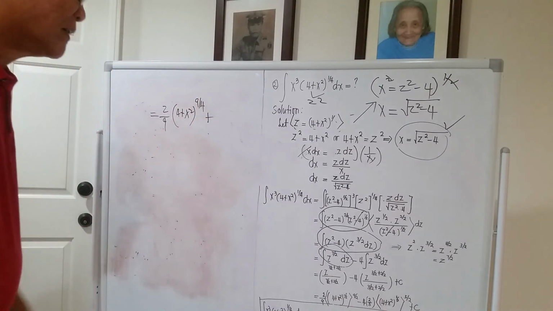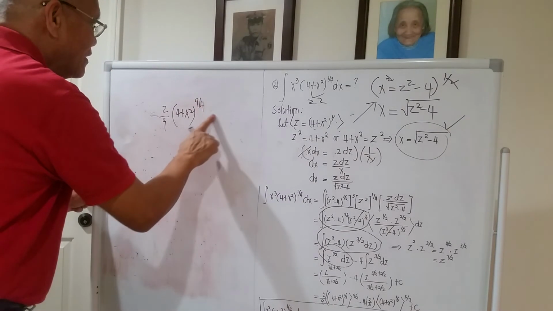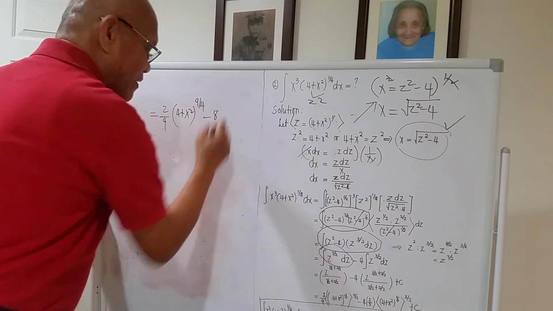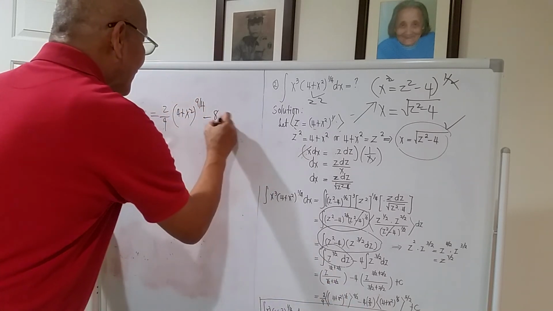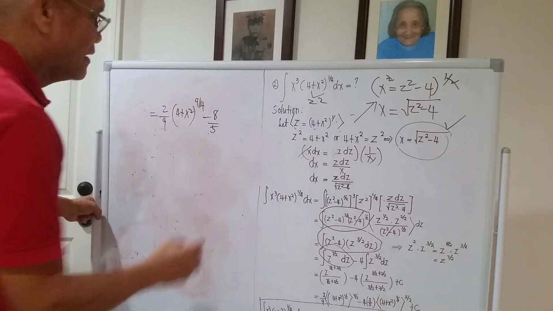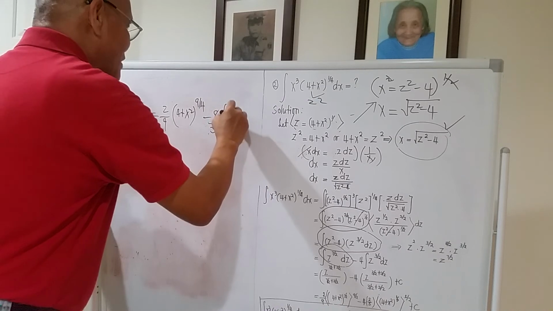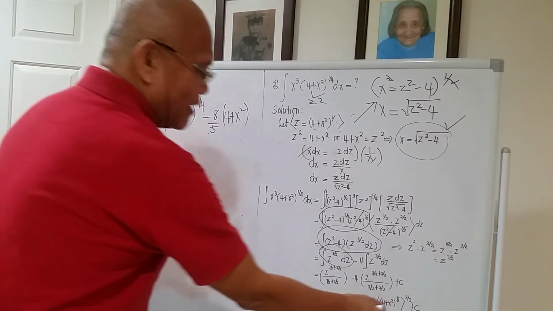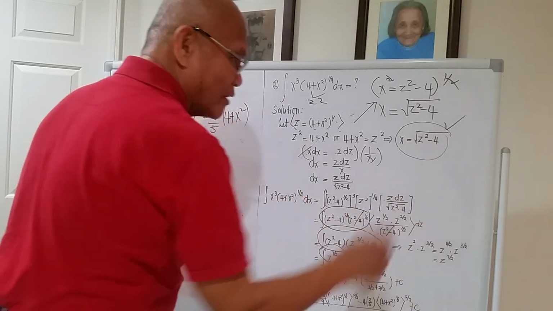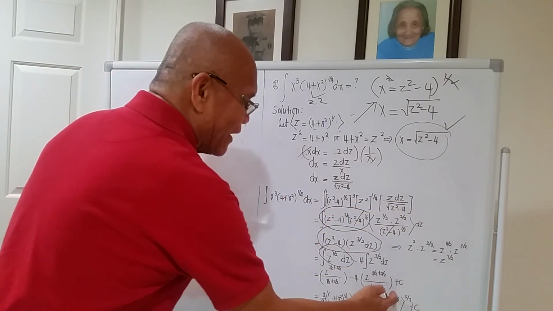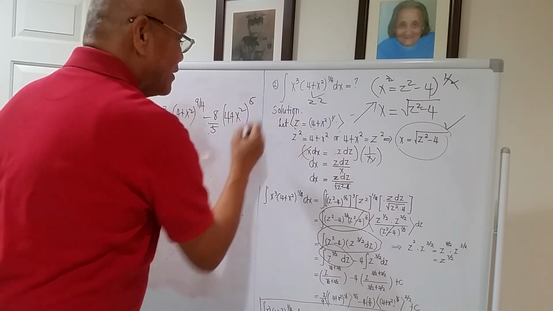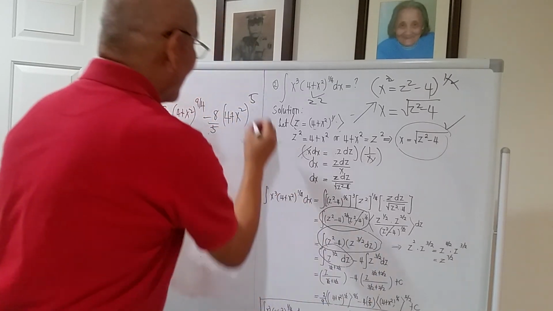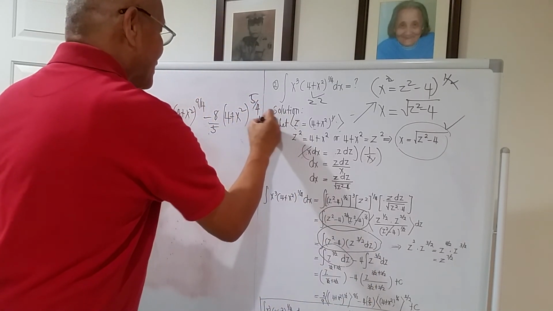Plus, okay, this minus. 4 times 2 is 8, all over 5, times 4 plus x squared, that's the value of z, raised to the 1/2, raised again to the 5/2. 5 times 1 is 5, and 2 times 2 is 4. So this is 5/4, plus c.